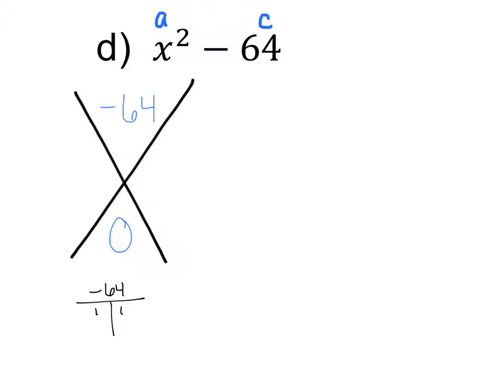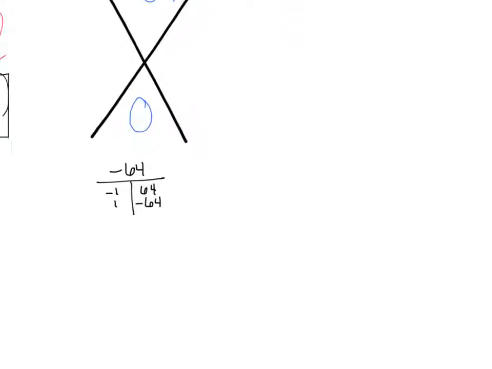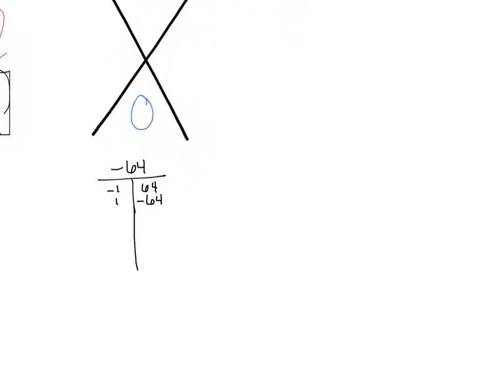Let's see, 1 and 64. Well, one of them has to be negative. So I'll do both. I need more room. Okay, what else? 2 and 32. One of them has to be negative. 4 and 16. One of them has to be negative.